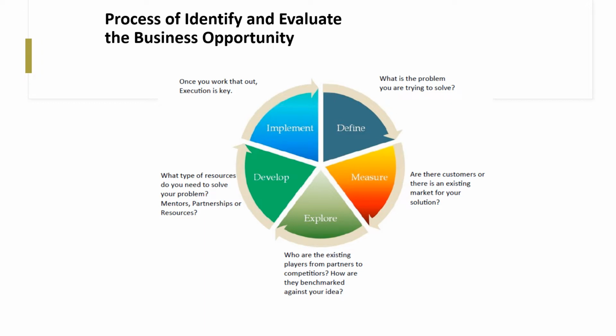So apa masalah yang awak hadapi, atau apa masalah yang orang sekeliling awak hadapi, potential customer hadapi. So daripada masalah itulah you akan come up dengan idea, sebab permasalahan itu dan idea yang awak keluarkan adalah untuk menyelesaikan masalah yang dihadapi, dan masalah yang ada itu adalah peluang yang sepatutnya awak kenal pasti.